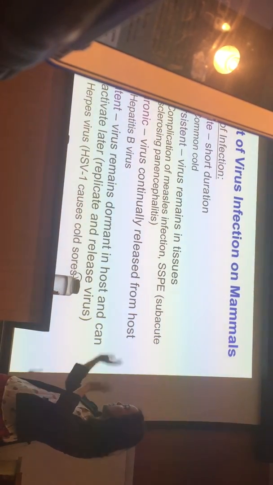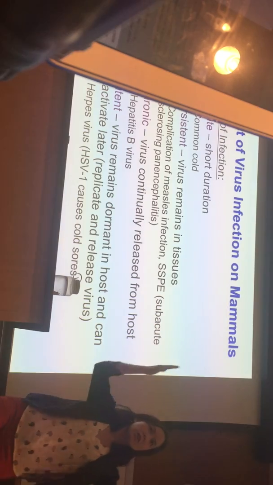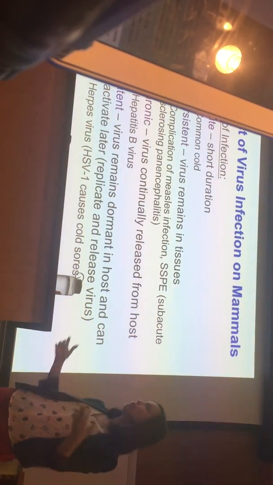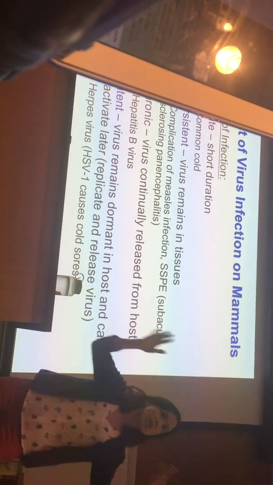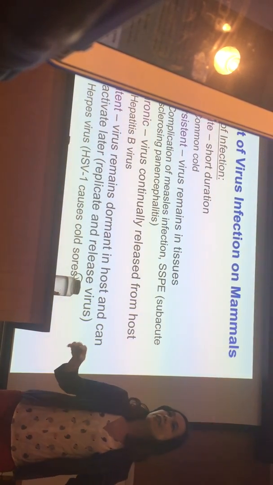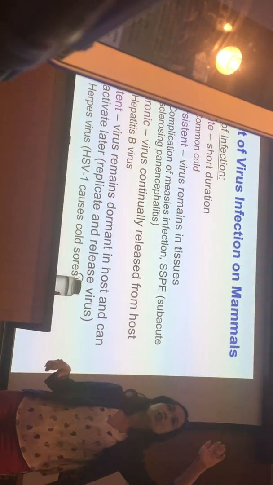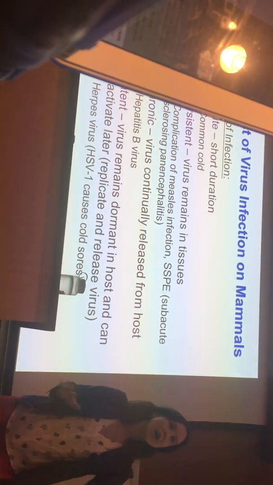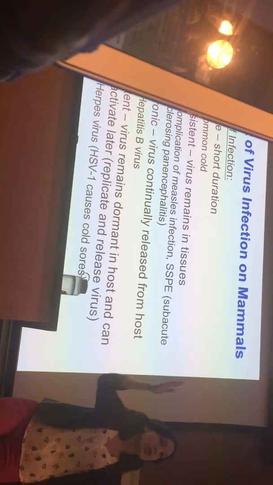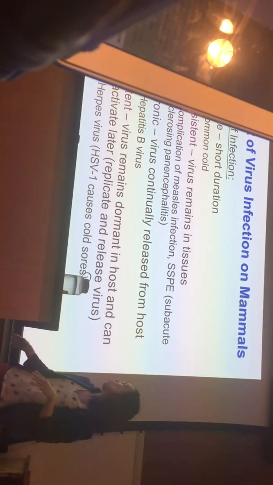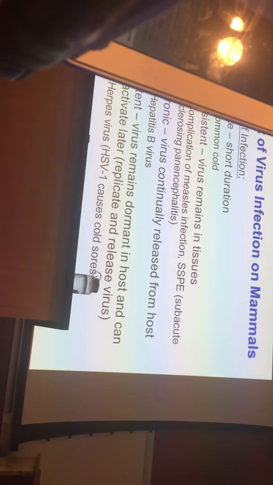So either stress or some change to your immune system, or maybe you're on medication or whatever it is, but your immune system status changes or you get really stressed, the virus starts multiplying, and then your immune system clears it out, and then it quiets back down, but it never goes away because it's persistent. And then you get that trigger again, and it just comes back. So the cold sore comes back again and again and again, right? So those are kind of the major effects that different viruses can have on us.